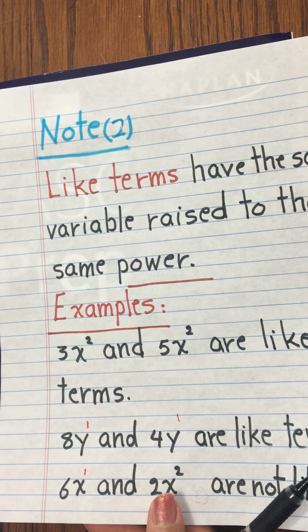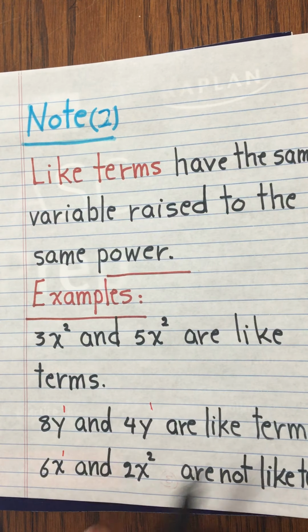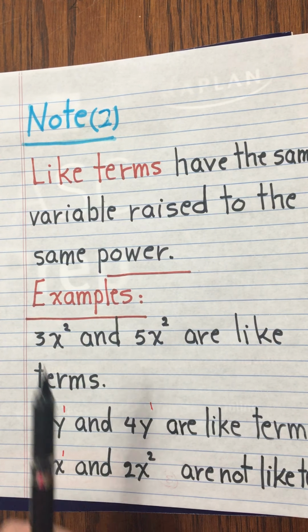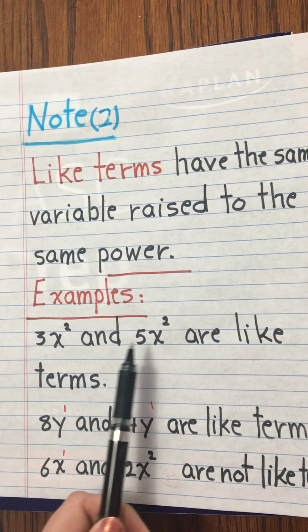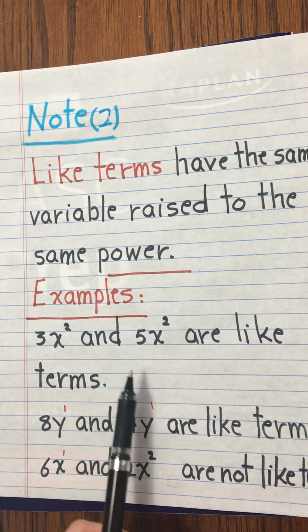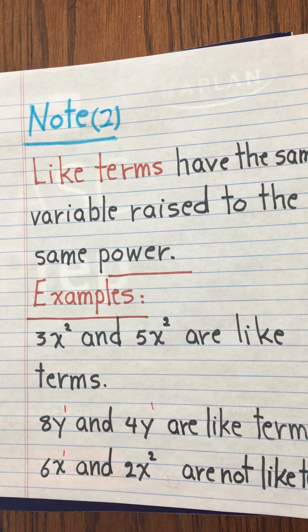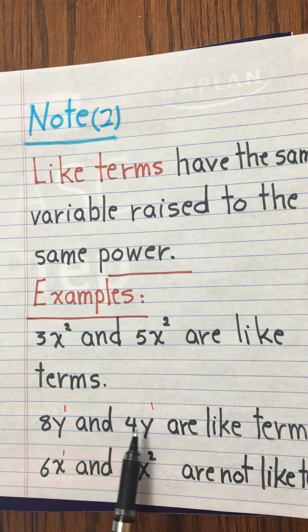Note 2. Like terms have the same variable raised to the same power. 3x squared and 5x squared are like terms, because they are raised to the same power. 8y and 4y are like terms.